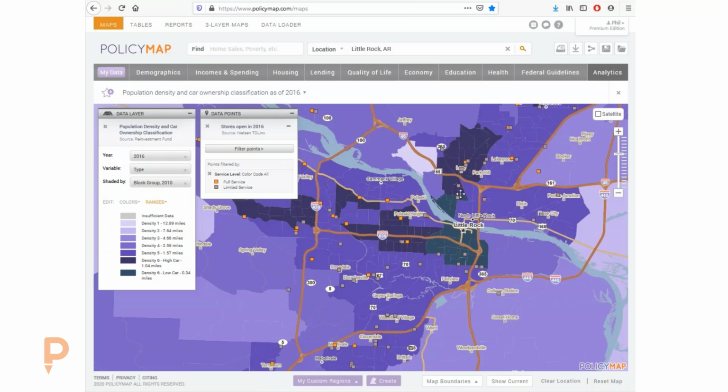And so you can start seeing these areas that are the highest values, which is high density, low car ownership. And then in this case, this is high density but high car ownership. So a lot of this is saying that most of the people in these darker purples own a car and they could get to these grocery stores.